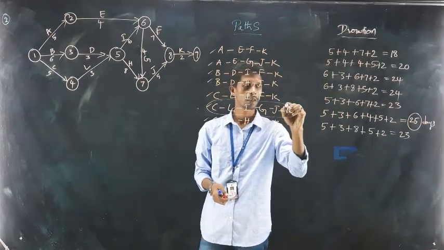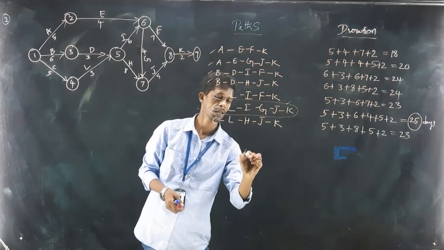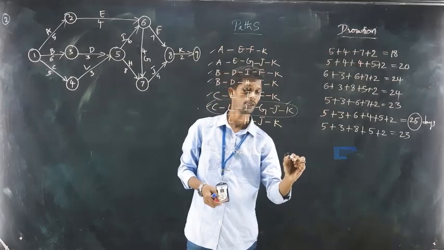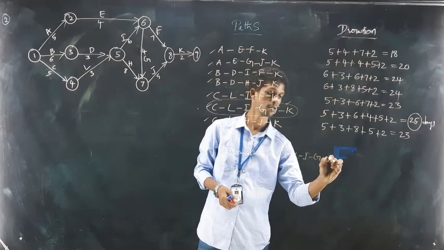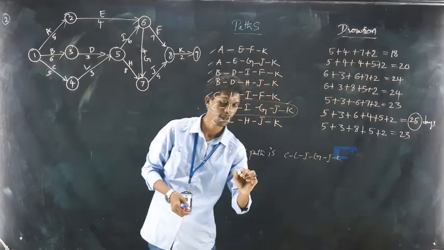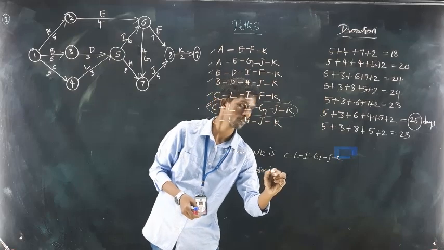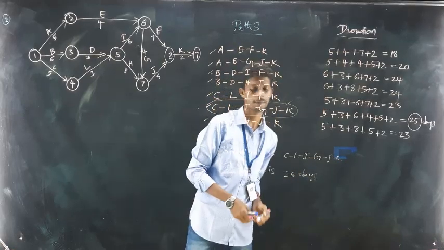Okay, so the critical path is C, L, I, G, J, K, and the duration is 25 days.